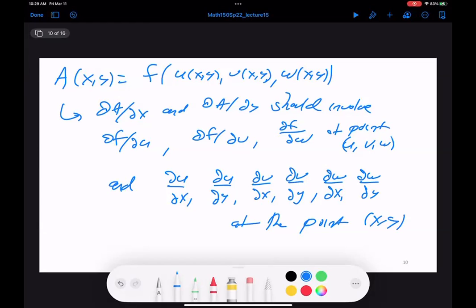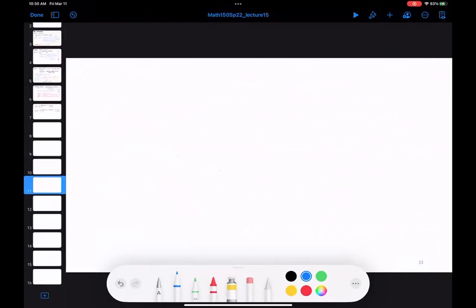We evaluate f at a triple UVW. So when I calculate the partials of f, I've got to be evaluating it at UVW. U, V and W then depend on x and y. So when I calculate those partials, they should be evaluated at the point xy. And we get the following really nice formula.